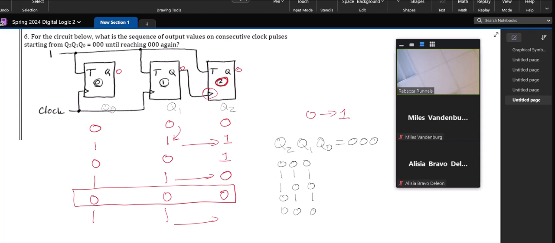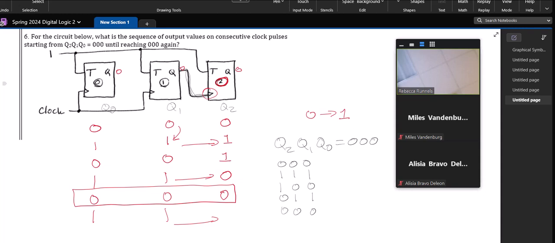Could you please go over why when Q1 goes from 0 to 1, for Q2 it goes to 1, and then why when Q1 goes from 1 to 0 it stays at 1? Yeah, okay, because on this last one, the clock is not really the clock. The clock is the output from Q1.